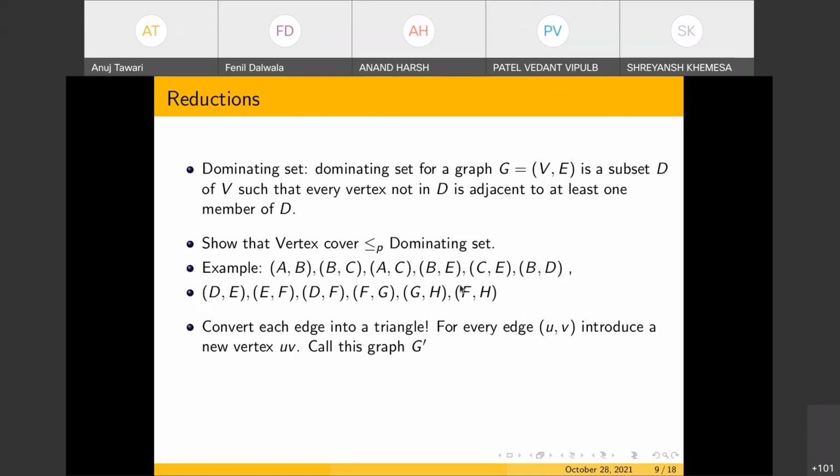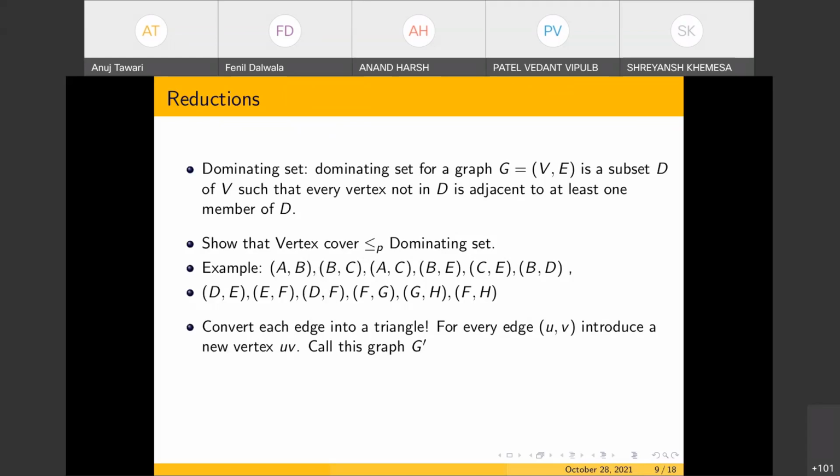Notice that we are neither giving an algorithm for vertex cover nor for dominating set. We are not describing any procedure. We are just saying that if you can find a solution to the dominating set, you can also find a solution to vertex cover in the original graph. Both these problems are in fact NP complete, as we will see later.